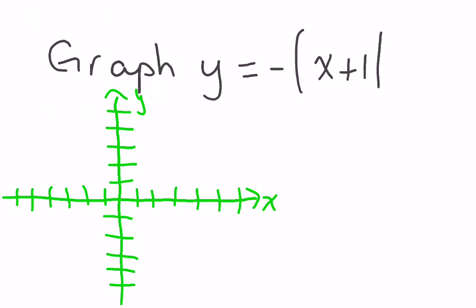We know that it's going to be a V shape, right? Because it's an absolute value. That's just the absolute value of x if we were to graph it. We have a plus 1 in there, but it's next to the x, so that means it's going to go left 1 space.